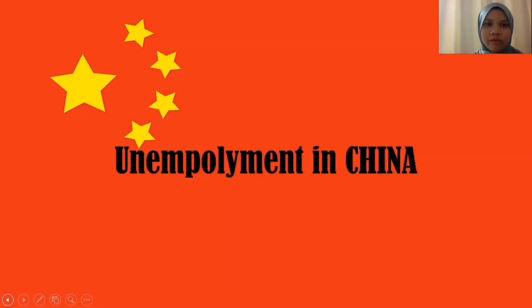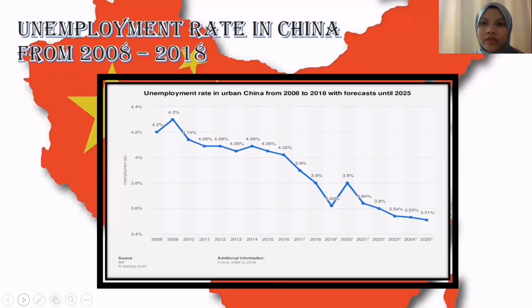So we move to unemployment in China. China has the largest population in the world, with 1.4 billion people. So here is the unemployment rate in China from 2008 to 2018. We forecast until 2025.